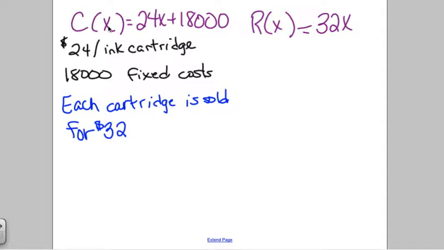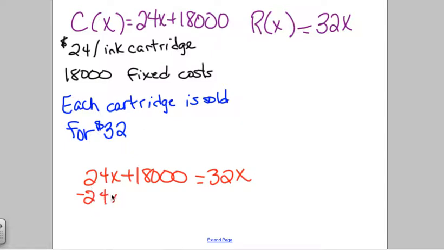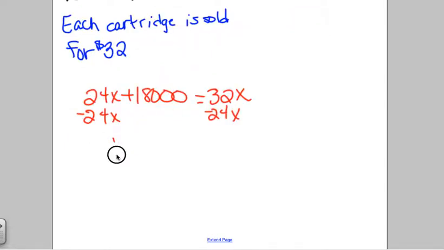So for C of x, I had 24x plus 18,000. For my R of x, I have 32x. What this means is that I am trying to see where my cost function equals my revenue function. So I'm just going to solve this equation for x. So I have 18,000 equals 8x, divide by 8.